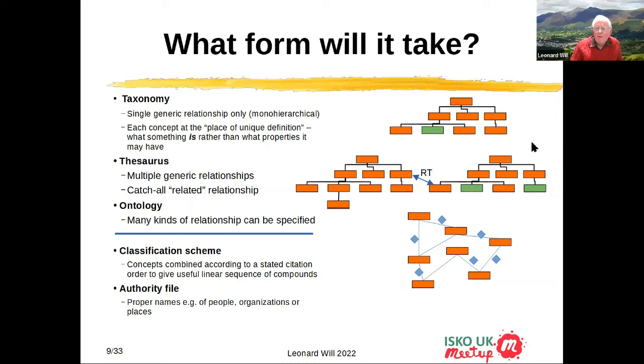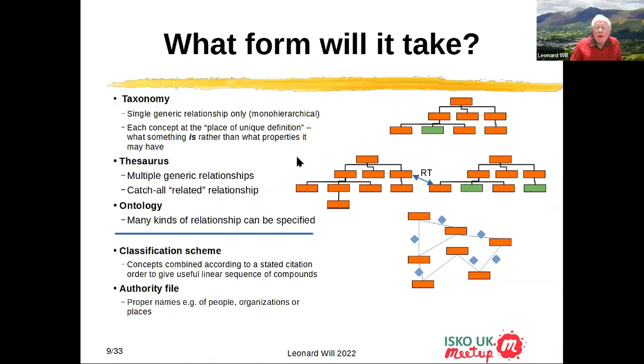So if we have objects here, or musical instruments, say, a piano might come under the broader term of keyboard instruments. It may also come under the broader term of stringed instruments, because a piano is indeed both a keyboard instrument and a stringed instrument.